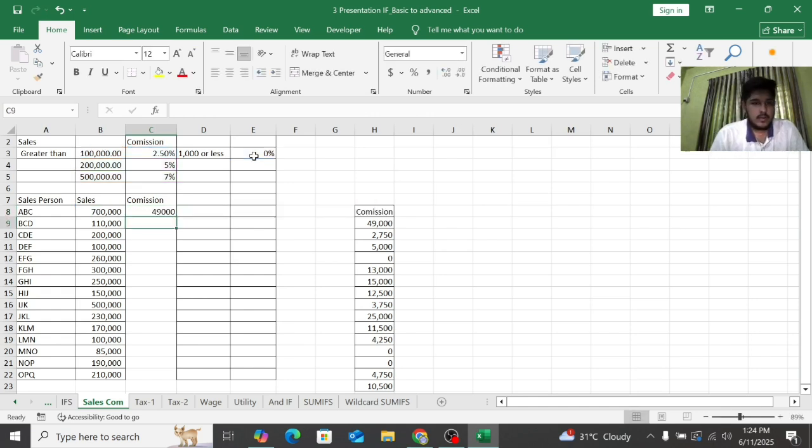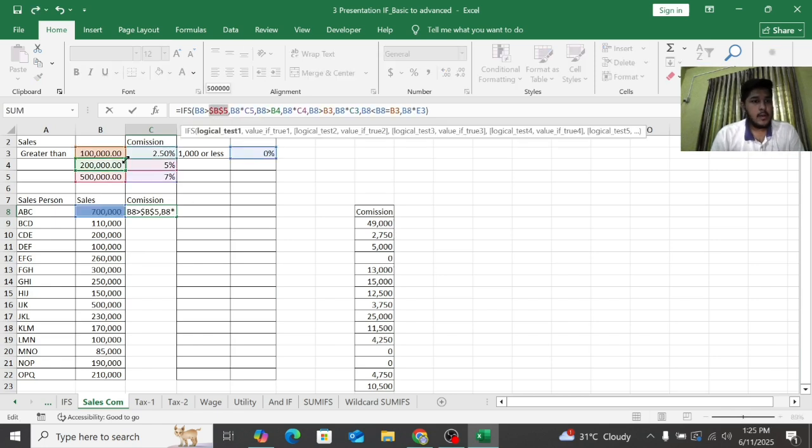So let's enter. See, it's 49,000 because he made sales of more than 7 lakh, which is above 5 lakh, so it counted 7% of 7 lakh. Now, to calculate, we are going to make something constant, so that when we drag the positions, the amount remains the same.